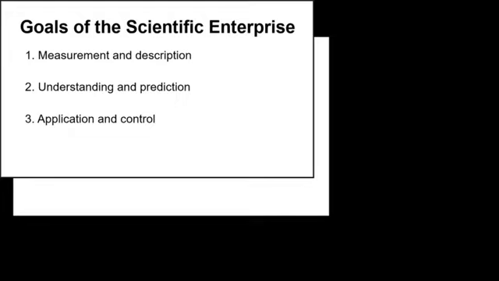The next step that we might choose to pursue is understanding and prediction. Maybe it isn't enough that you know that 10% of people are wearing red. Maybe you want to know why they're wearing red. Maybe there was a flyer that went up, or maybe it's some internet thing.